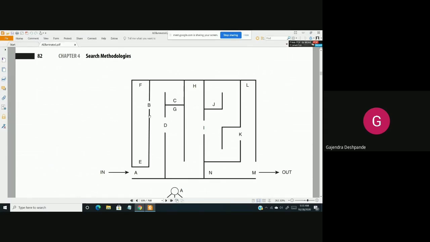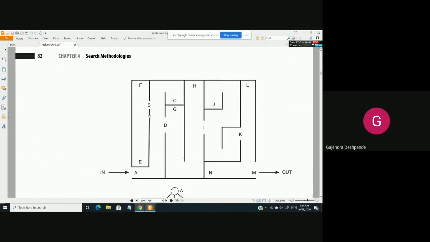Although there is a path to N, since I have already found the exit point, I will just go out. So I am not going to visit N. This is the natural way humans come out of a maze.